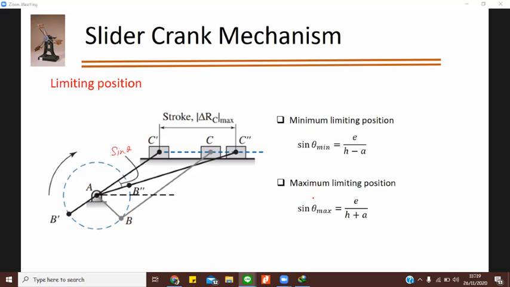And similarly you will have the maximum limiting position, sine theta max, E divided by H plus A. Okay, so H is your coupler link. So E divided by H plus A will give you the sine theta max.